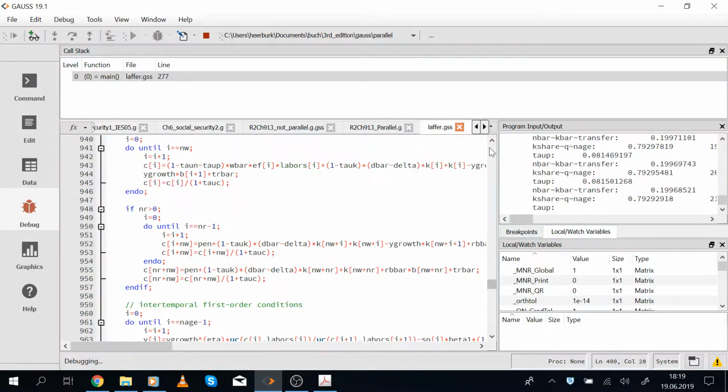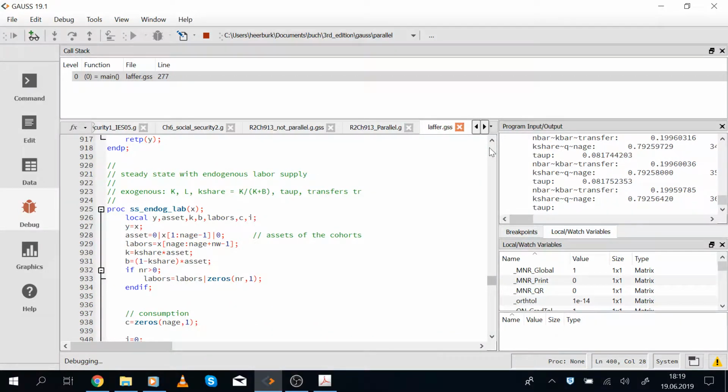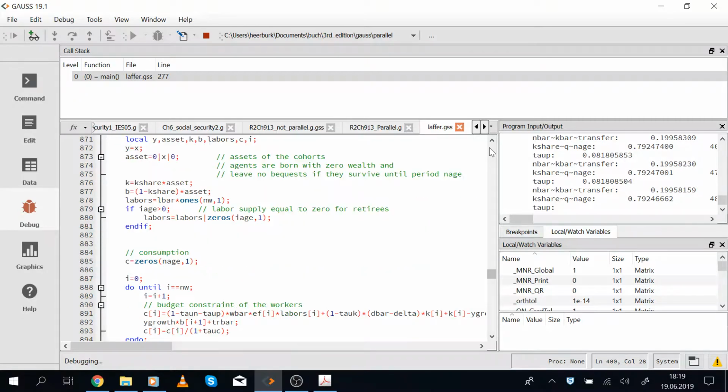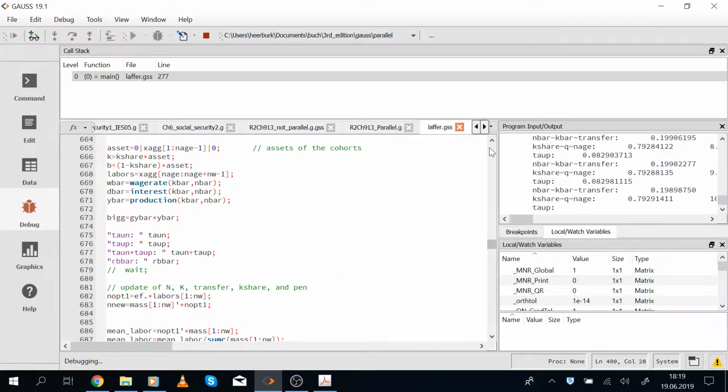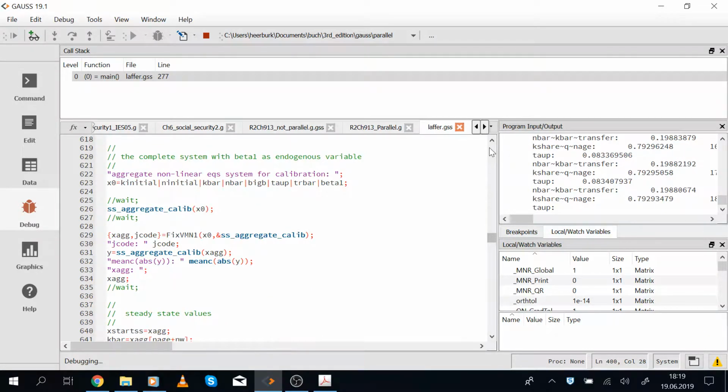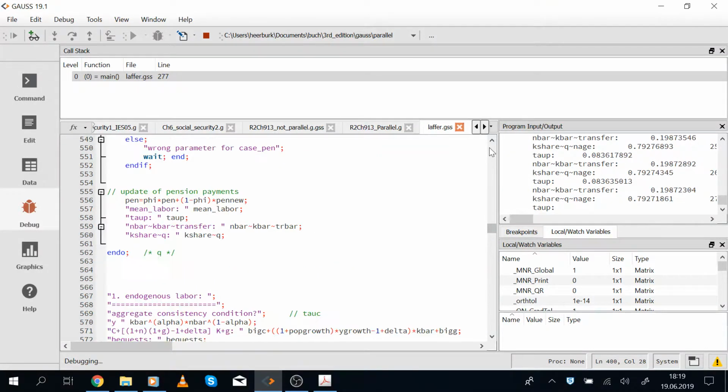Besides, this procedure SS endogenous labor is exactly the same as the one for exogenous labor, and we solve it in step 8 and in step 6, and just do the same routine that we did for the case of exogenous labor supply.